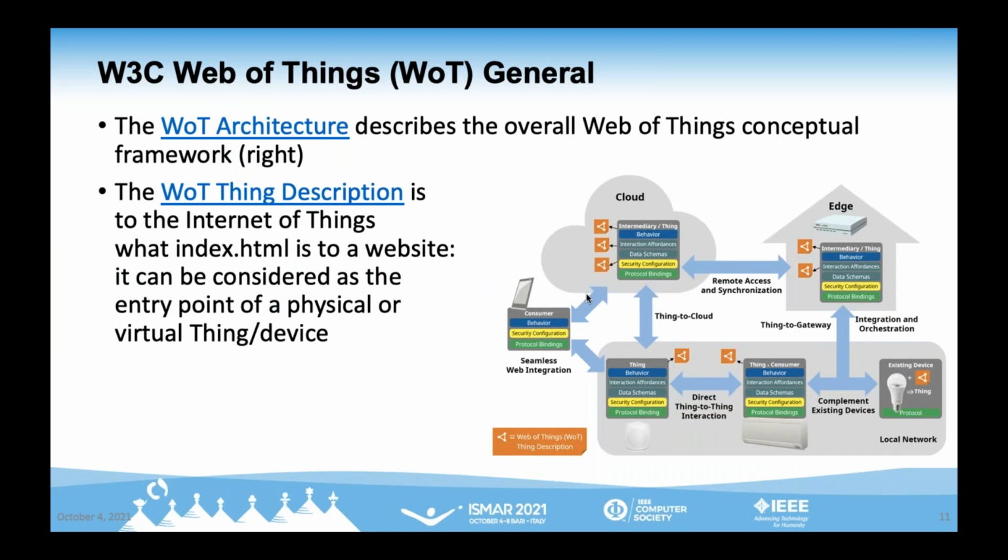So again, it's producing a suite of standards, the first of which was the Web of Things architecture that describes this framework, which is in this figure, and then the Web of Things description that is to the IoT what index.html is to a website. It's the starting point, the entry point.